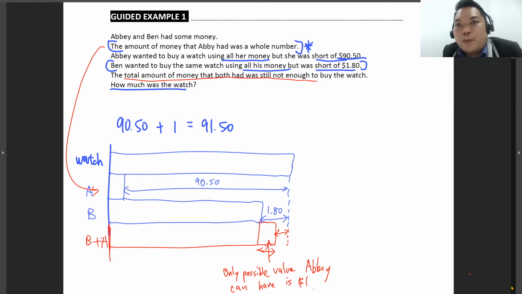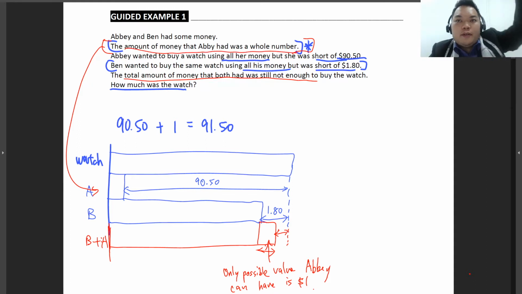Yeah, there's a lot of people who's asking why 1. Okay. So let's look at the restriction over here. The restriction here is that the amount of money that Abby had was a whole number. Correct? You all agree?